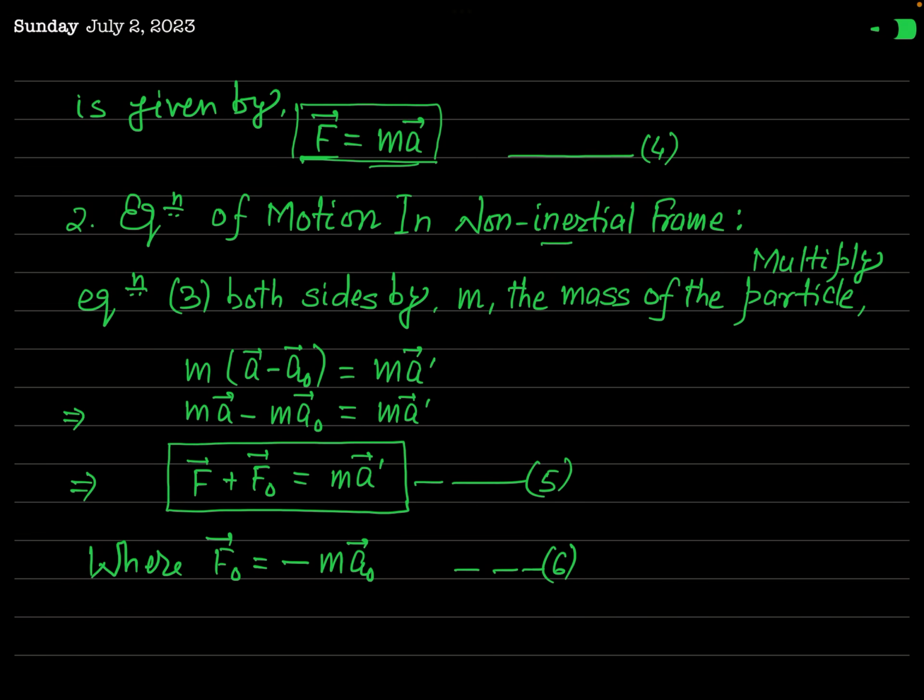In a non-inertial frame, Newton's laws of motion are not valid. So if F is the net force, the resultant force, as you have assumed, acting on the particle, and you want to write down the equation of motion in the non-inertial frame, and you write that F is equal to m times a dashed, where a dashed is the acceleration of the particle with respect to the non-inertial frame.